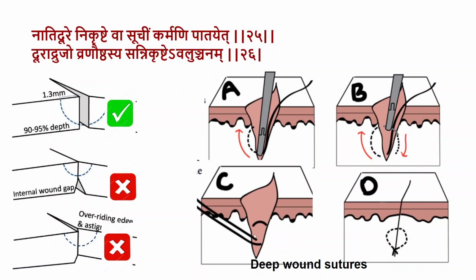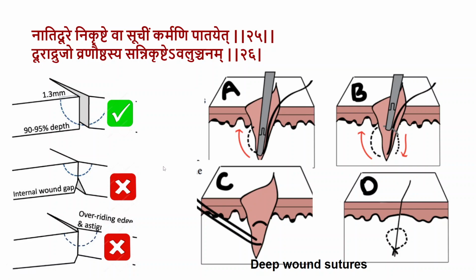So in case of deep wounds, if it is more than 2 centimeters, it's better to place a concealed suture at the base so that the depth of the wound is reduced, and then you put the suture as usual. That's the usual rule, and the same is mentioned by Sushruta as Nati Dure Nikristeva.